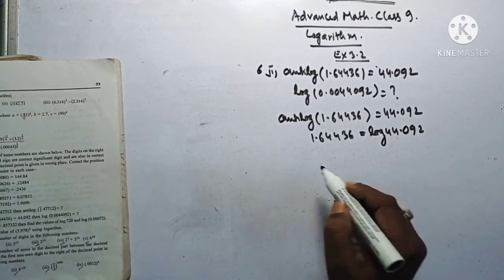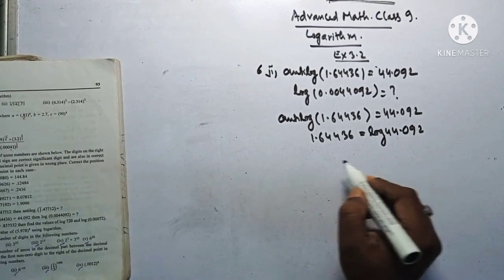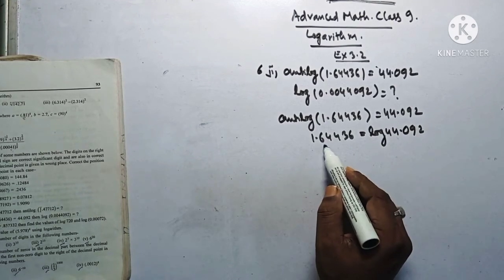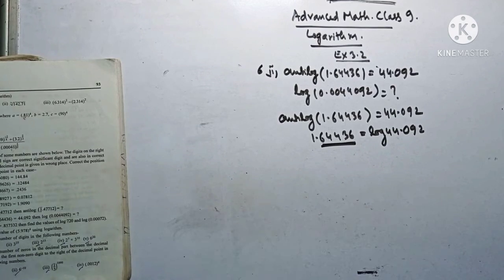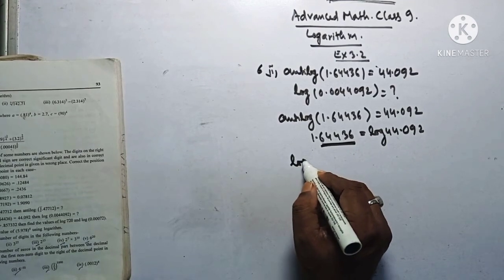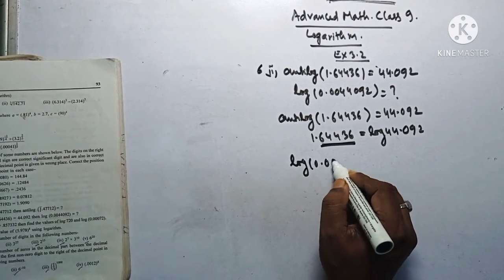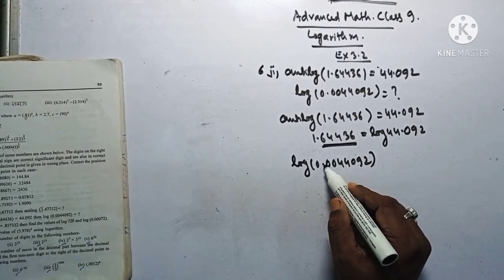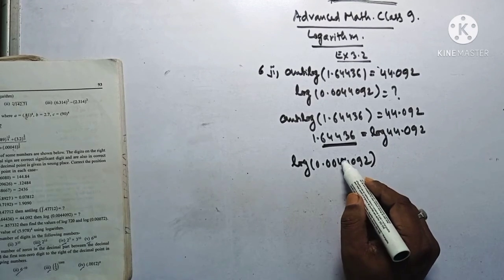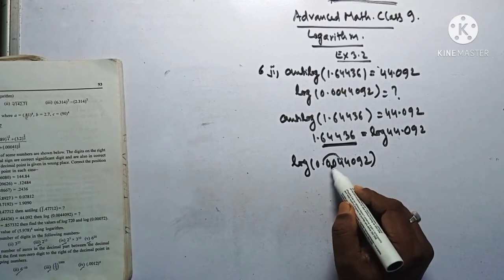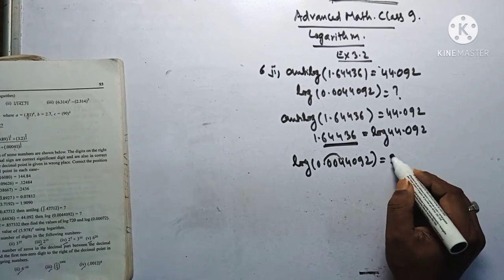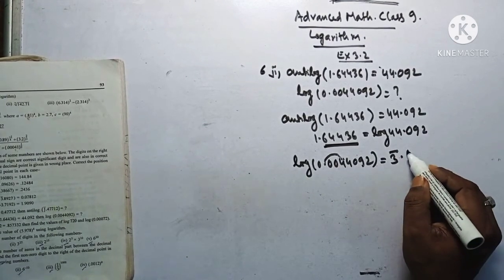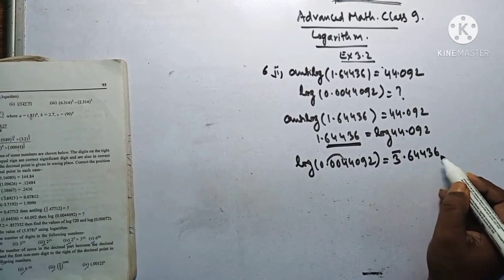So I conclude that 44.092, your mantissa is this much. So when I find out log 0.0044092, the first non-zero digit, you have to shift it 3 places, so it will be 3 bar, and log 44.092 is this much, 0.64436.